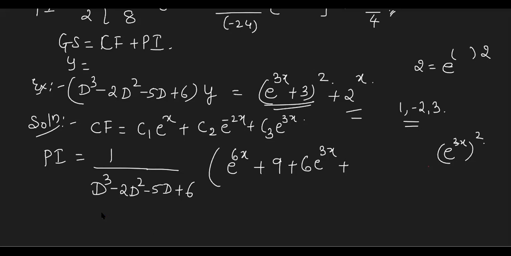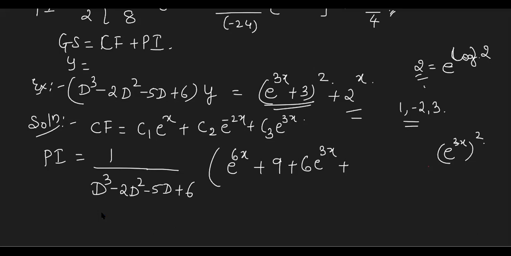Very good. So you can write it as e raised to log of any number or any function is that function itself. This property is known. So here this 2 can be written in this format if you have 2 raised to x.